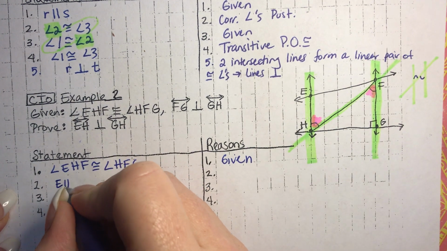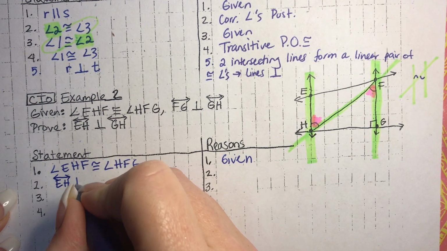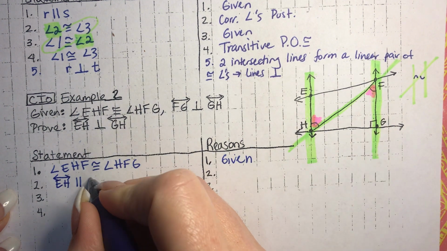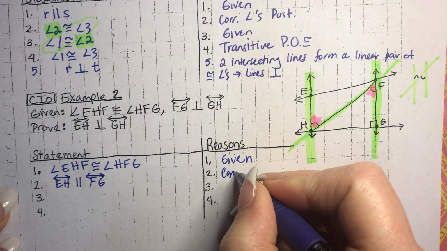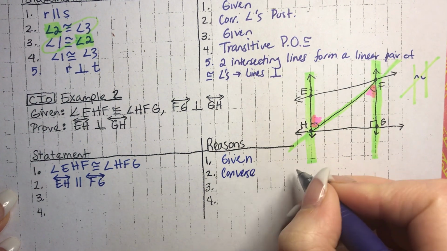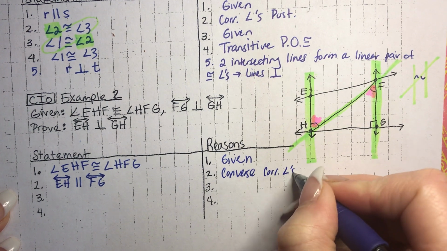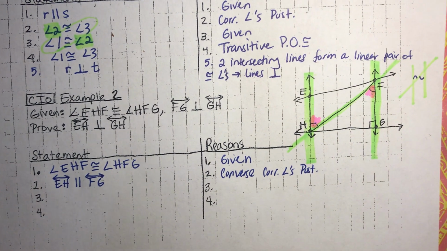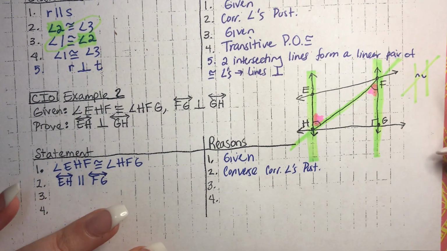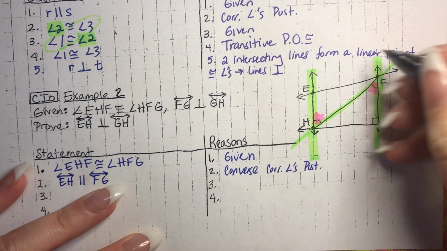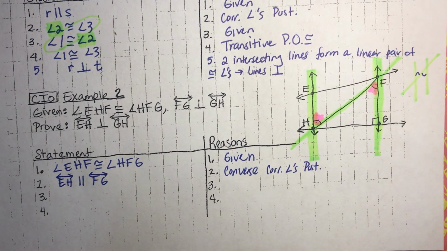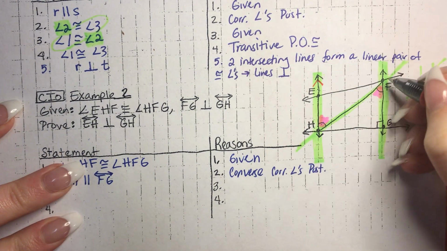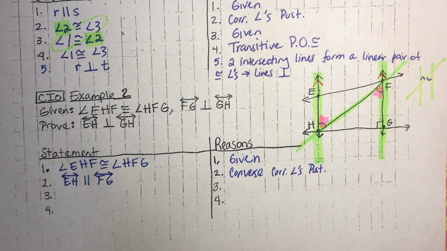So line EH is parallel to line FG by the converse of the corresponding angles postulate. All right? So now the question becomes, why did they give us this information to show that these two, I'm going to use red to show that, okay, these are parallel, right? So these two lines are parallel.